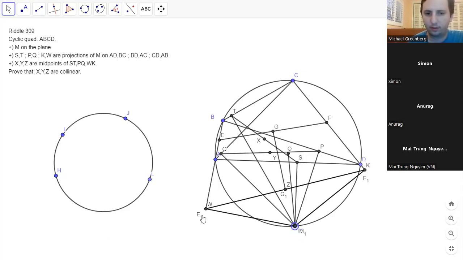Yeah, and when M lies on the circle, we can use the Simson line. So then we have WSP are collinear.